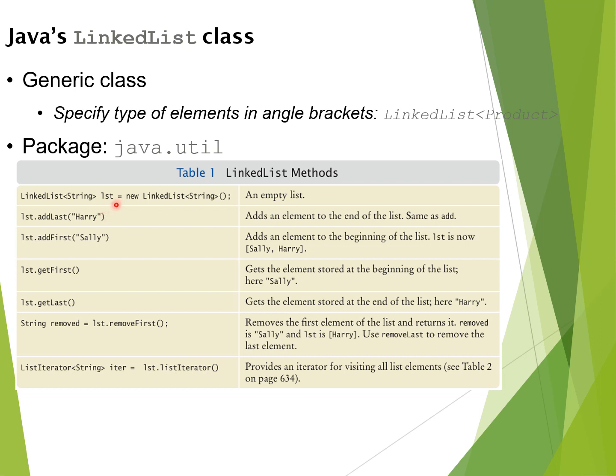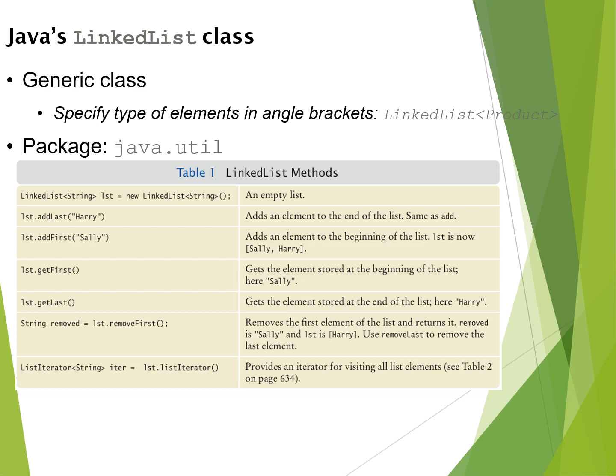So a linked list of strings, lst, is defined in the following way. We first instantiate an object from it by calling its constructor. So we say lst is equal to new LinkedList string, open and close parentheses, which calls the default constructor of linked list of string, which returns an empty linked list of strings.